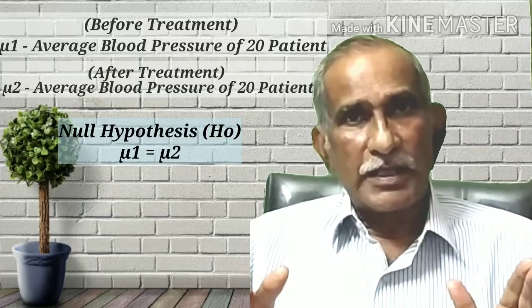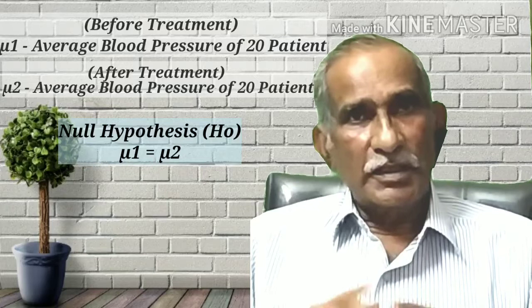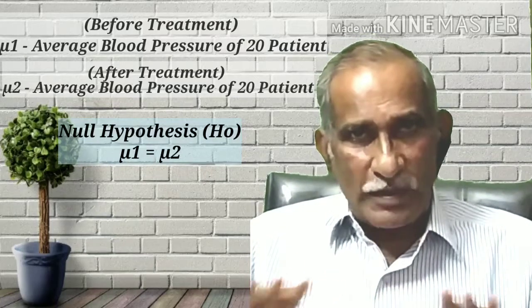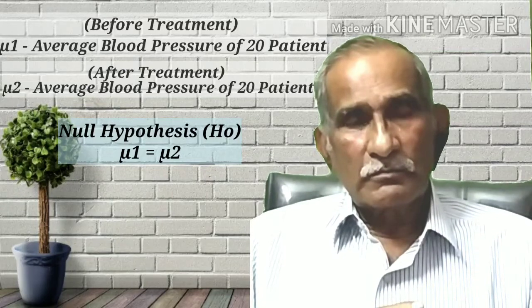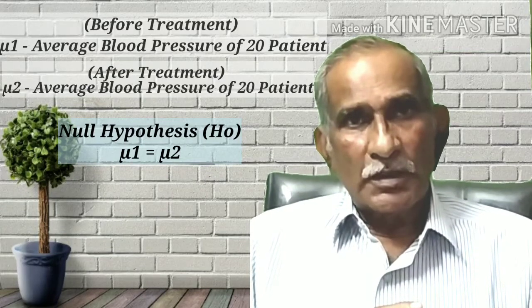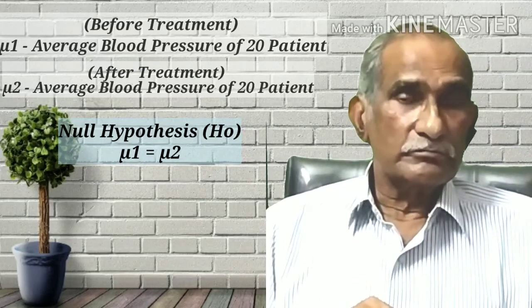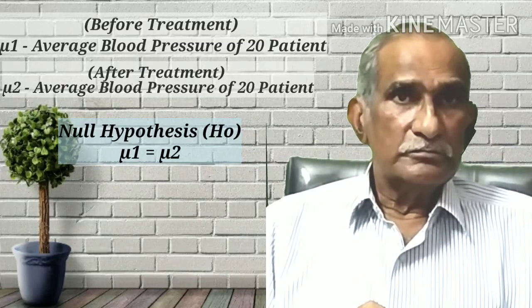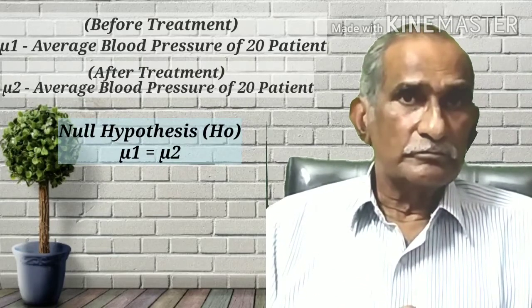This is your null hypothesis. In null hypothesis, we always take equality sign. Now the major role is in deciding the alternative hypothesis. What should be our alternative hypothesis here?